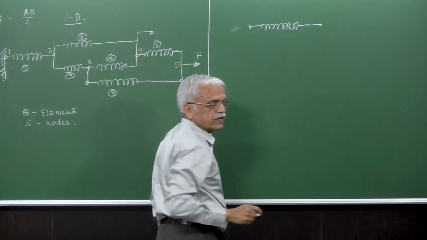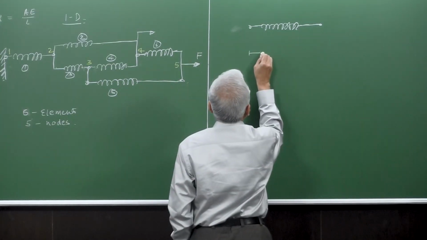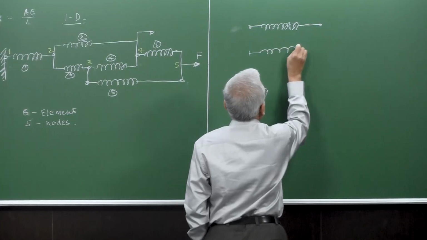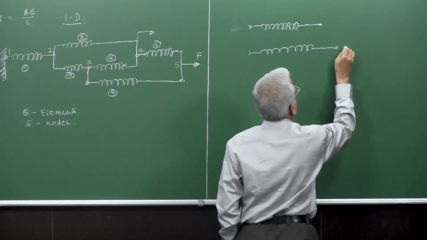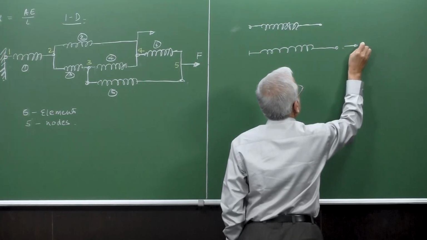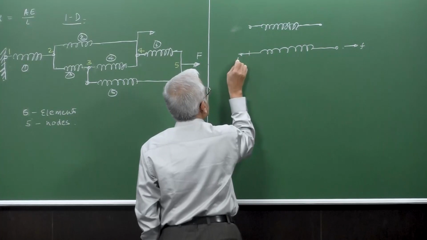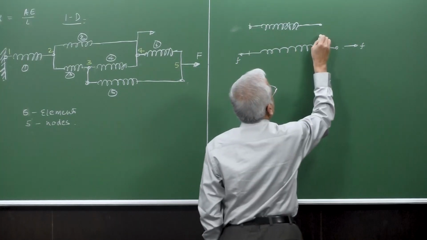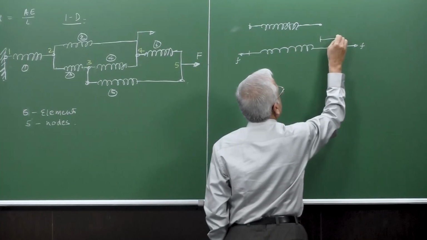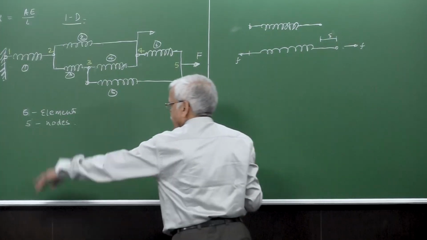Okay, this is the natural state, and after applying a load F here, it has deformed from its natural state by an amount delta here. So that's what we have already used.